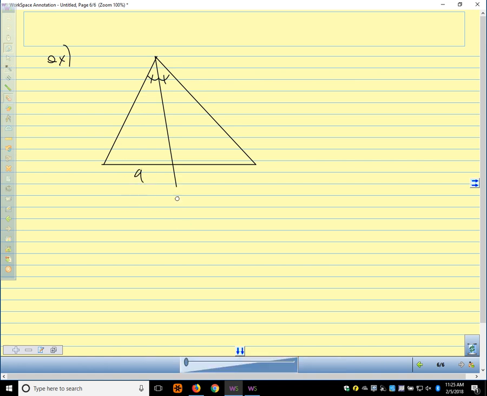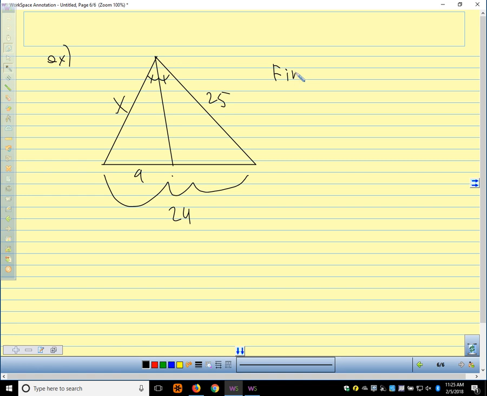I'm going to say that's 9. This is 24. This is x, and that's 25. And we want to find x. All right, so we know that this is the angle bisector because these two angles are congruent.